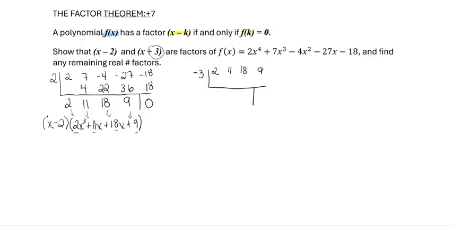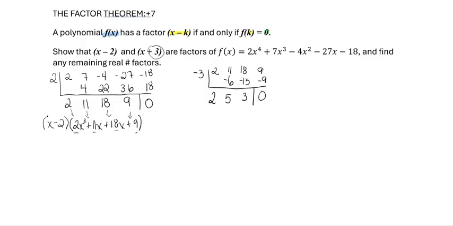All right, so I'm going to bring down my 2, and negative 3 times 2 becomes negative 6. 11 minus 6 is 5. Negative 3 times 5 is negative 15. 18 minus 15 is 3. Negative 3 times 3 is negative 9. And negative 9 plus 9 is 0.